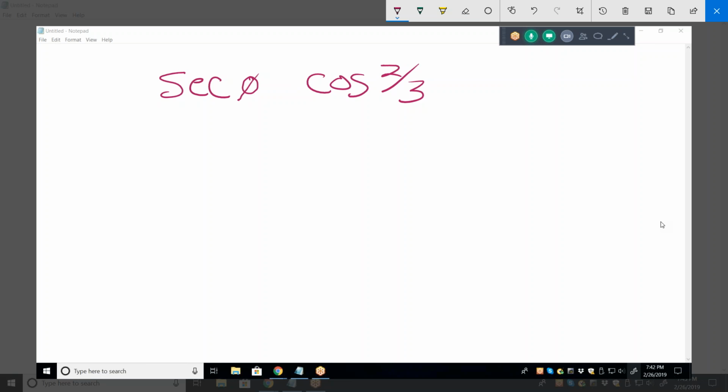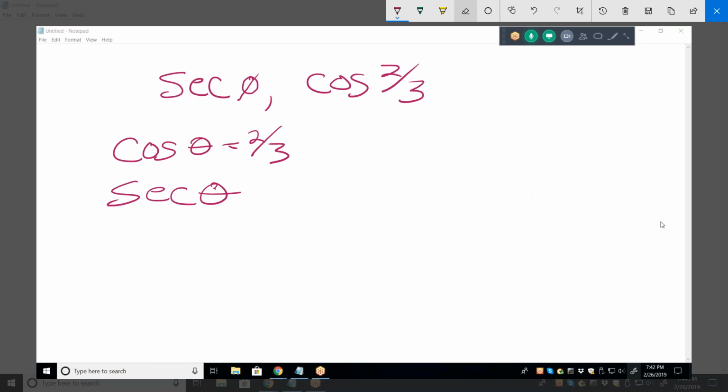Actually, I think that's a theta symbol. Okay, I think I know what you're saying. If the cosine of an angle is equal to 2/3, what is the secant of that angle equal to?